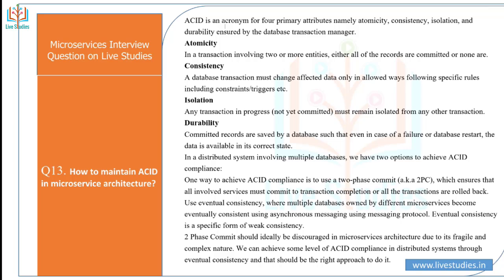In a distributed system involving multiple databases, we have two options to achieve ACID compliance. One way is to use a two-phase commit, like 2PC, which ensures that all involved services must commit to transaction completion or all the transactions are rolled back.